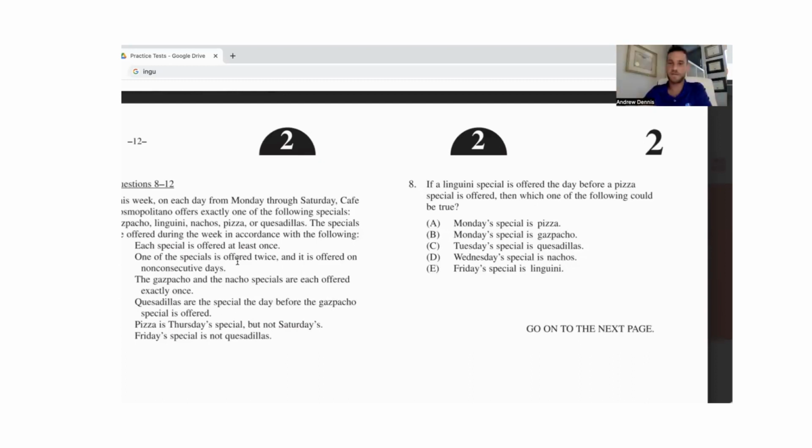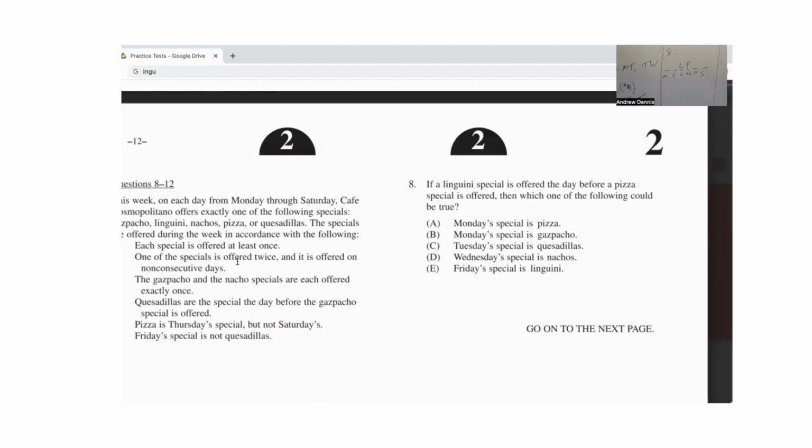And here it says if linguine is offered the day before pizza. Well, pizza doesn't go Monday because there's no day before Monday on this calendar. So the linguine would have to go on Wednesday. So we'll put the pizza on Thursday and the linguine on the Wednesday. You see, now we've satisfied the conditions that question 8 is asking us.